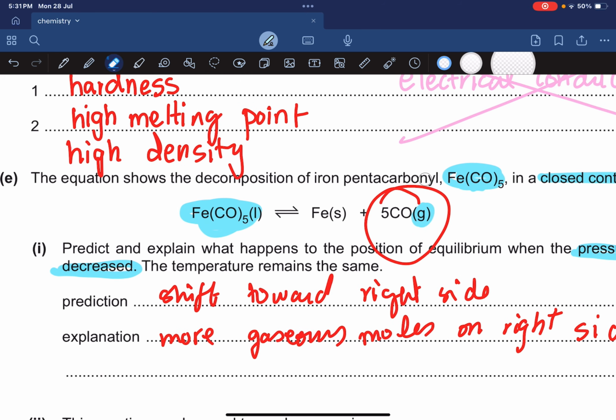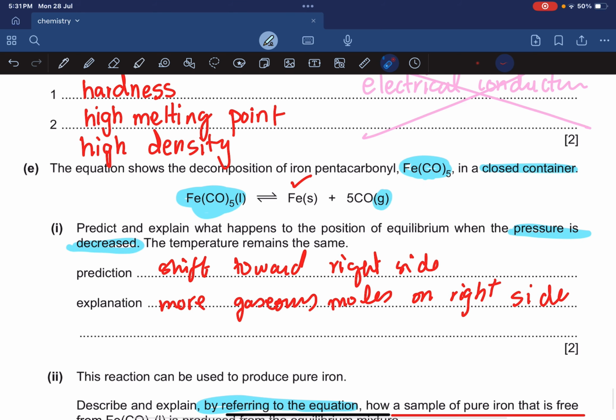The plan is that I need this thing, and I have to somehow eliminate this and this. How am I gonna do it? Because we know that this reaction is happening in a closed container, as mentioned in the question. So if I somehow open the container, what's going to happen?